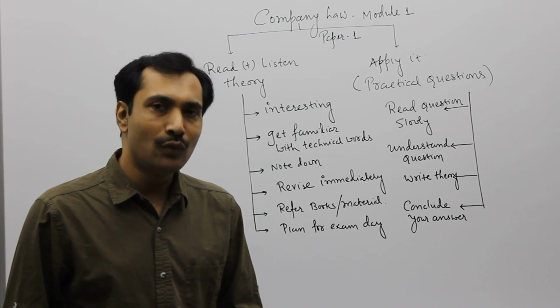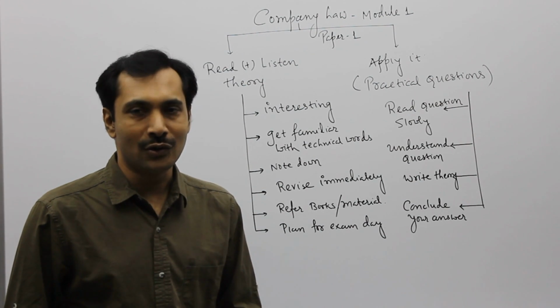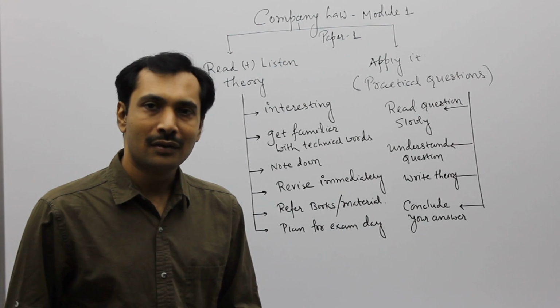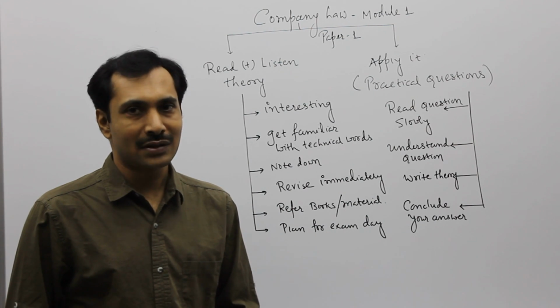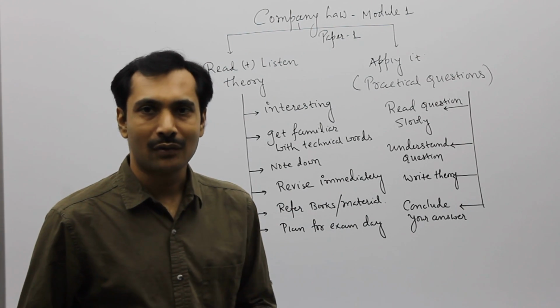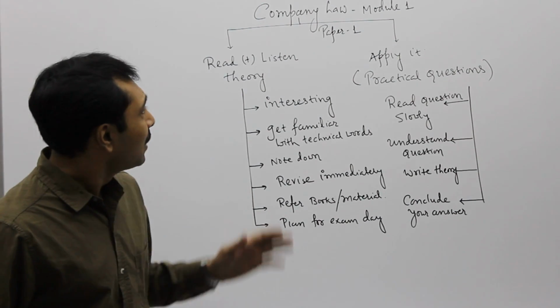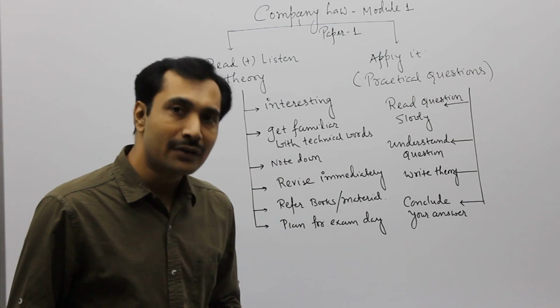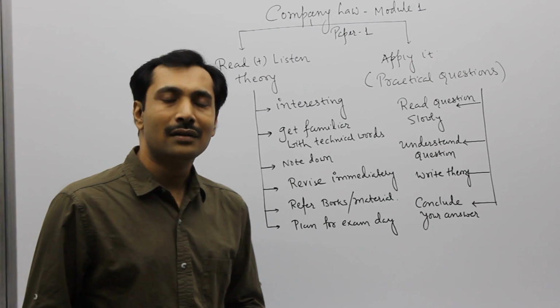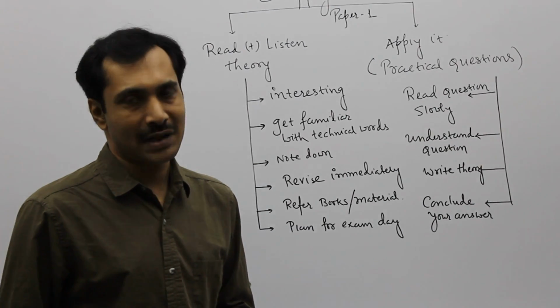In this video, I am going to guide you how to prepare for the company law subject, Module 1, Paper 1. The company law paper consists of 100 marks and is divided into a number of chapters.